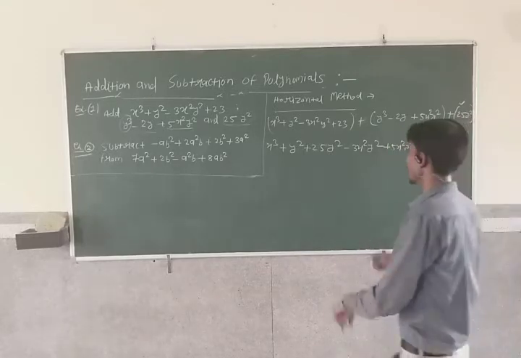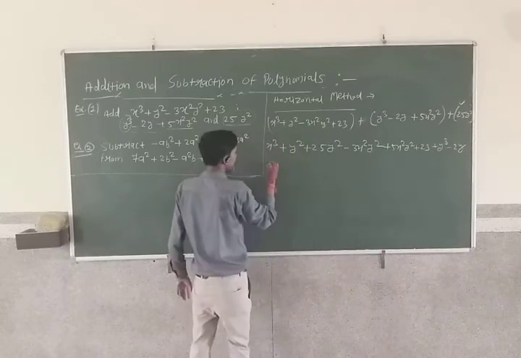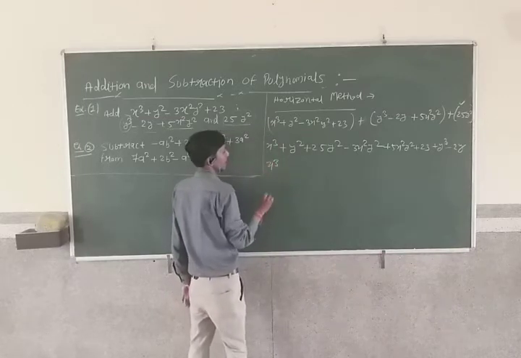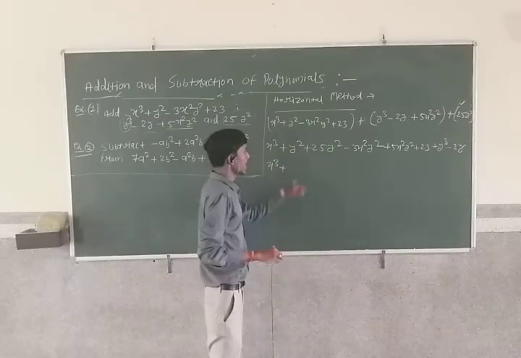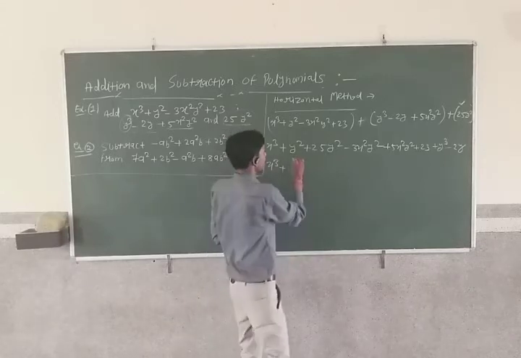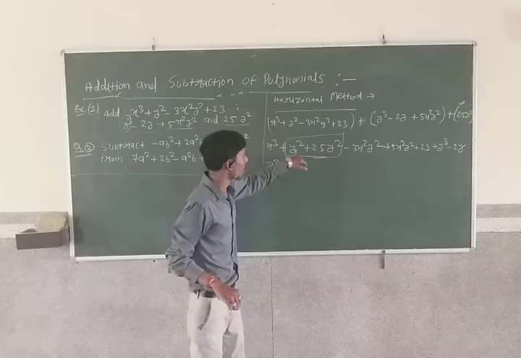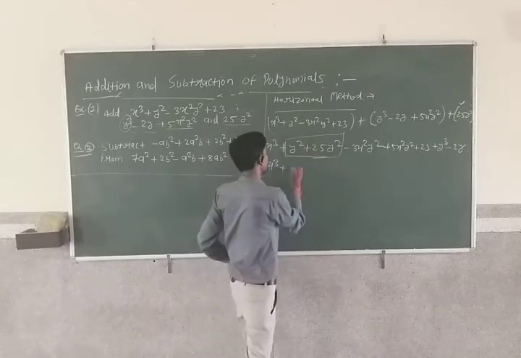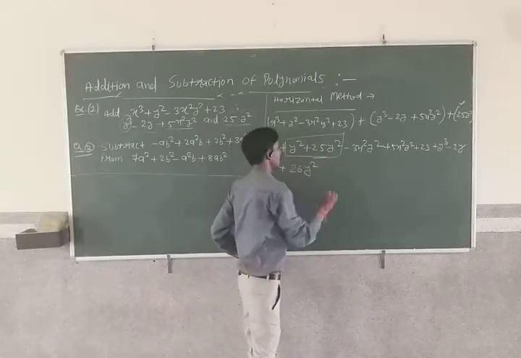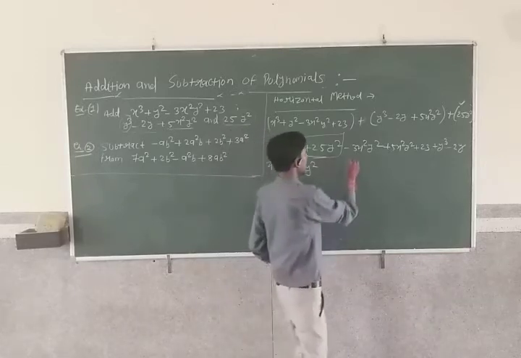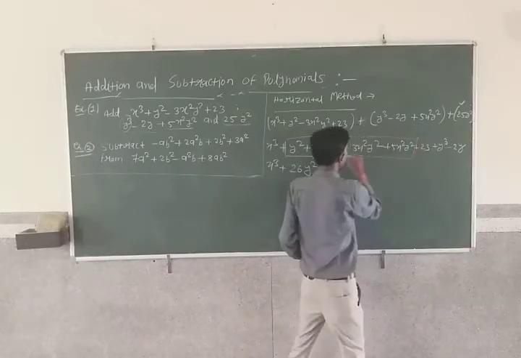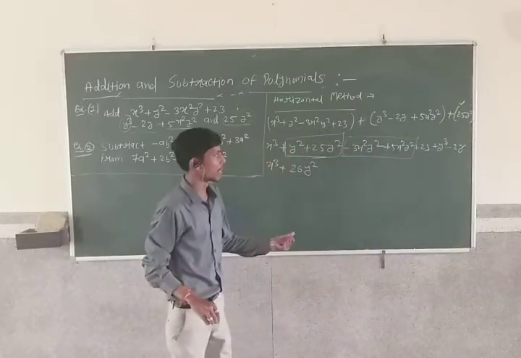Okay, and now we just simply add. This x cube is alone, so I will write it as it is. Then 1y square plus 25y square. These two can be added because they both are like terms. So 1y square plus 25y square, I will get 26y square. Then again these two can be simplified because the variables are same.